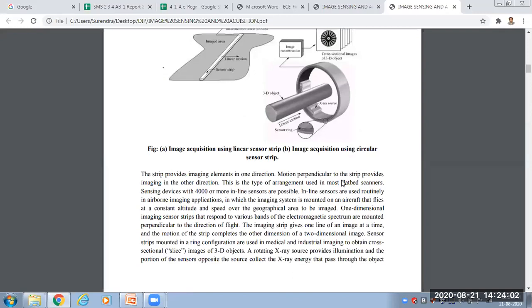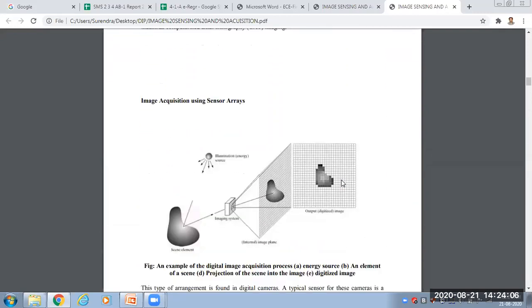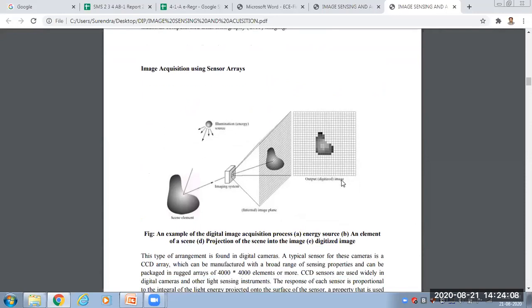This is multi-dimensional, and image sensing using arrays. This arrangement is generally in our normal digital cameras. This is the most fundamental, and with the help of this structure we can take any type of picture and any type of scene elements.